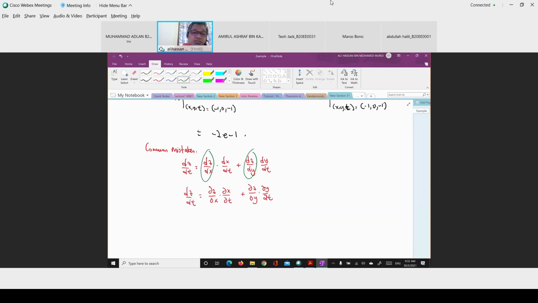Again, this is not correct because x and y are functions of a single variable t. So we need to write dx/dt using straight d, not curly d here. So please make sure that you write this chain rule using the right notation.